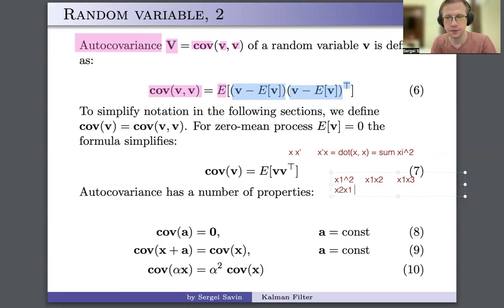Then x2 x1, x2 squared, x2 x3, and finally x3 x1, x3 x2, x3 squared. So that would be how the outer product would look for a vector with 3 components. You can imagine each component of the first vector multiplies every component of the second vector. All right. And this generates the first column.